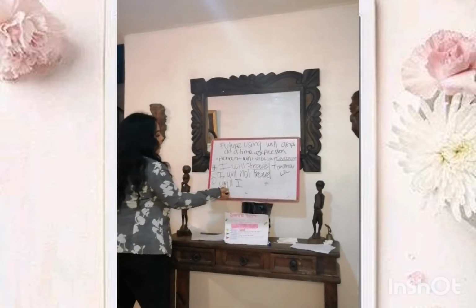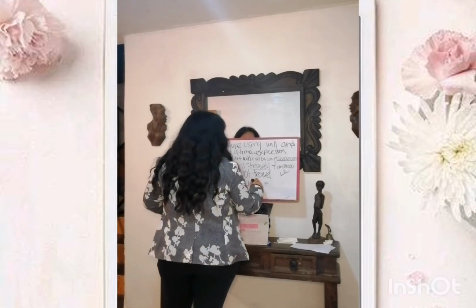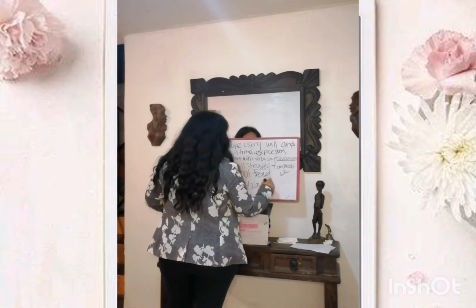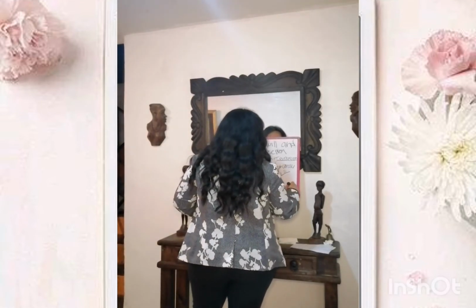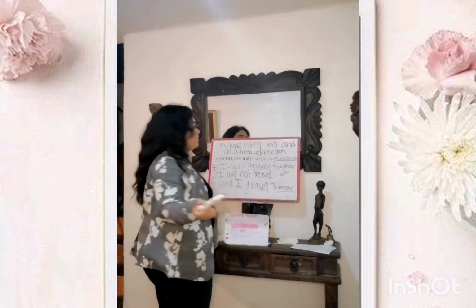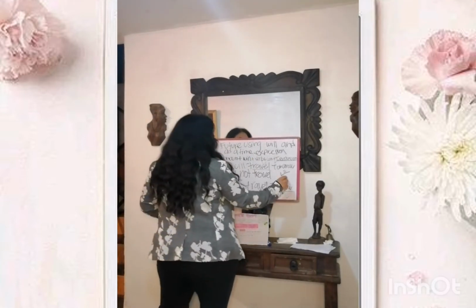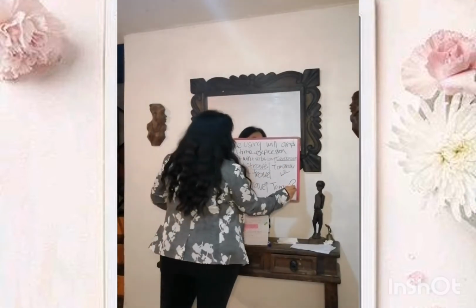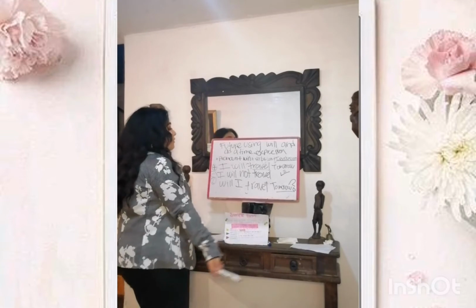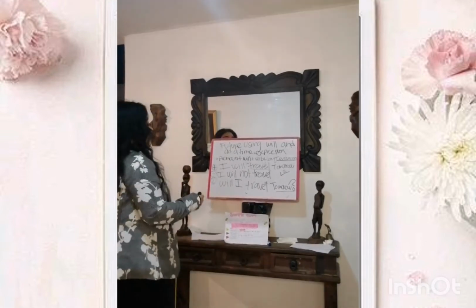So it's gonna be will I travel tomorrow? This is the same, tomorrow. So it will be will I travel tomorrow? And the question mark, okay? Will I travel tomorrow?